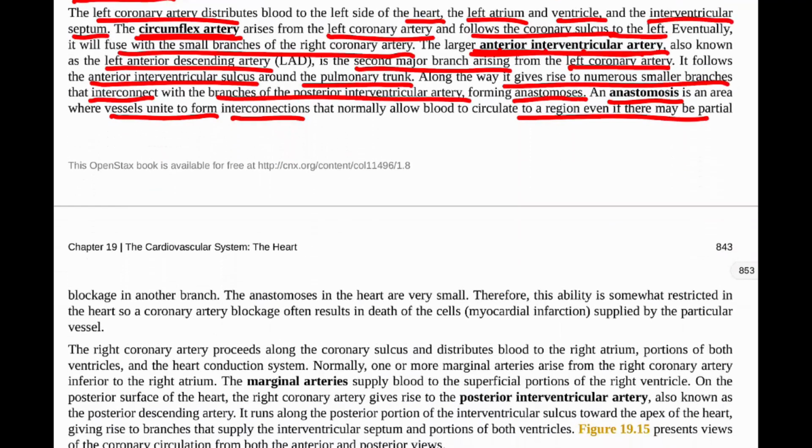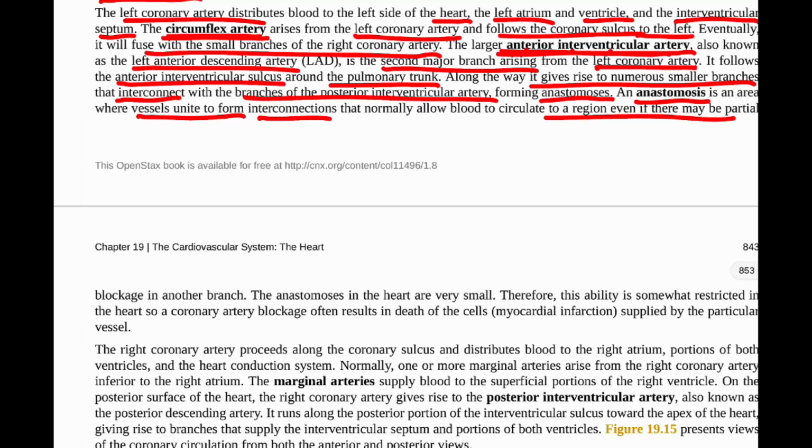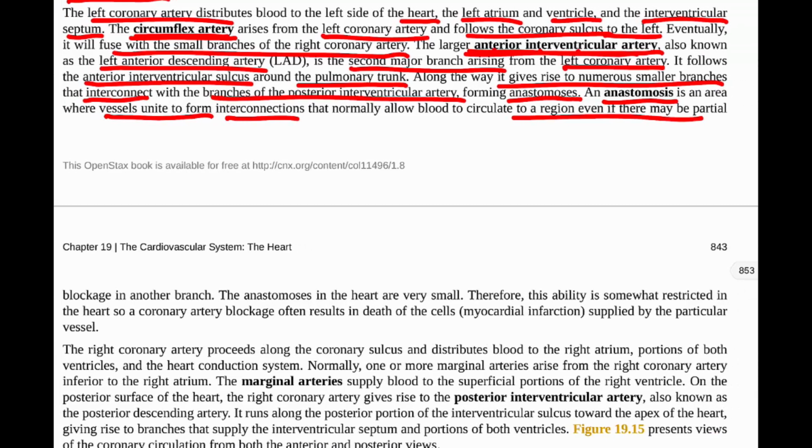So an anastomosis is like a webbing of blood vessels that all help feed an area, so that if one of these tiny capillary-like vessels gets blocked, the region still has blood feeding to it. The anastomoses in the heart are very small. Therefore, this ability is somewhat restricted in the heart, so coronary artery blockage often results in death of the cells, a myocardial infarction, an MI, or a heart attack, in the region supplied by the particular vessel.